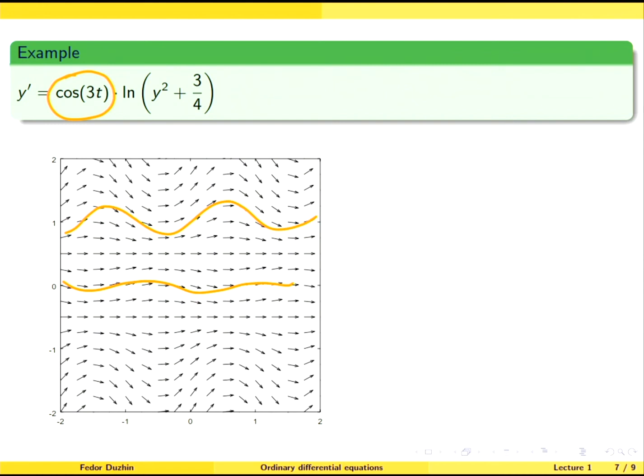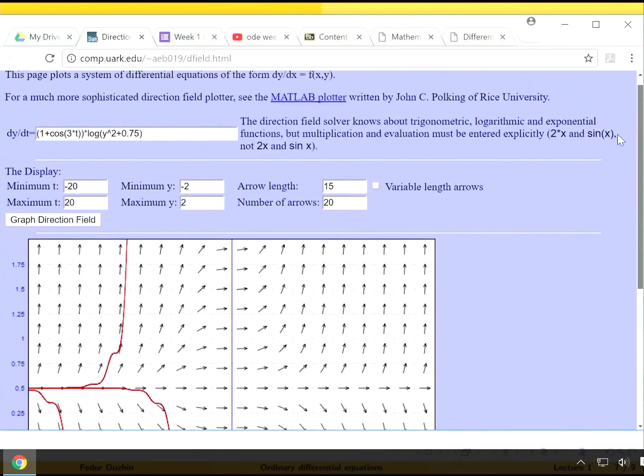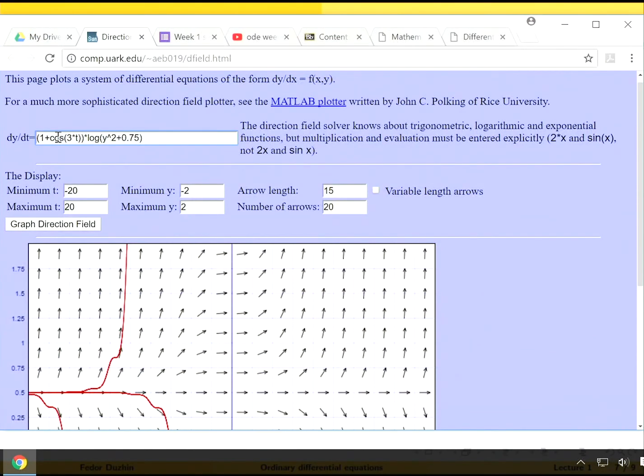Right, so what we see here is that we still have the same two equilibrium solutions, but the rest of the solutions are oscillating. And of course we can try to do it here.